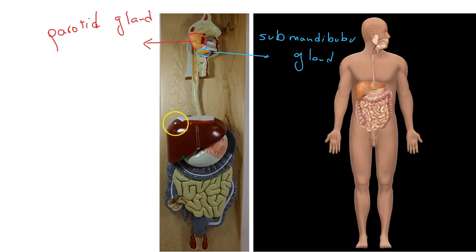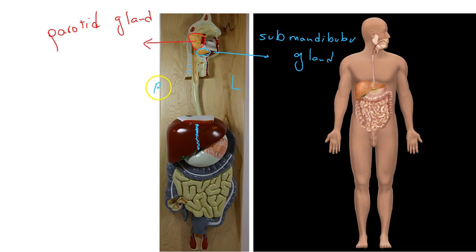Okay, and then the other accessory organ is liver, which is the largest gland in our body. And then you can find these two lobes from the anterior view of the liver. So here on anterior view of the liver, there is a falciform ligament which is going to divide the liver into two lobes. So this is the left side of my picture or model.